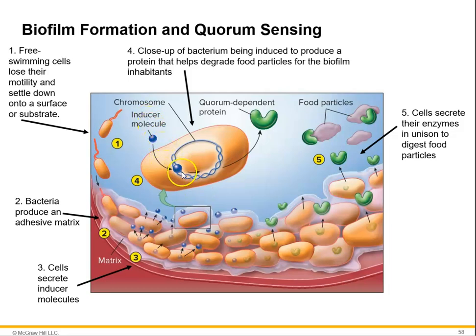It essentially turns on a gene in the bacterial chromosome to start creating a certain protein, usually enzymes, okay? And then what's going to happen is these cells are going to secrete their enzymes in unison to digest these food particles.